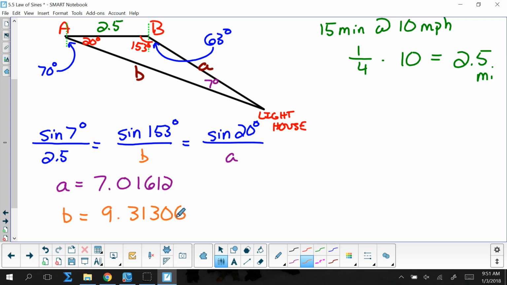Either way. But the question is asking, how far is the boat from the shoreline?